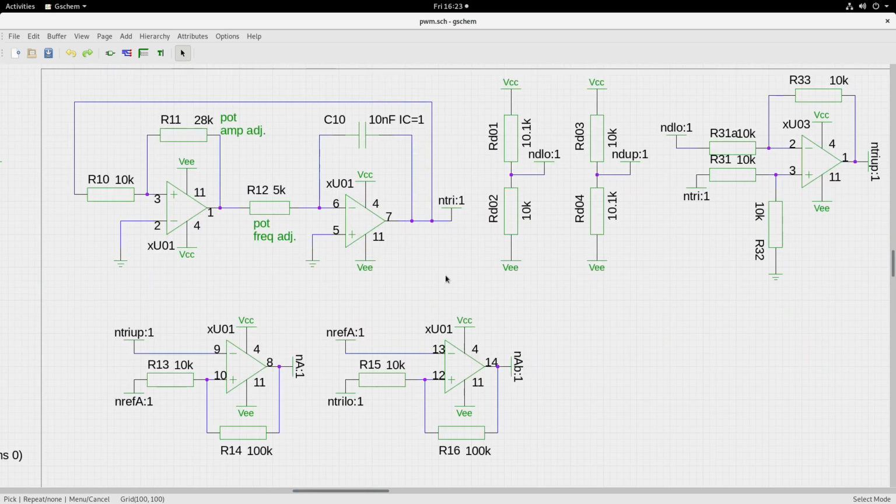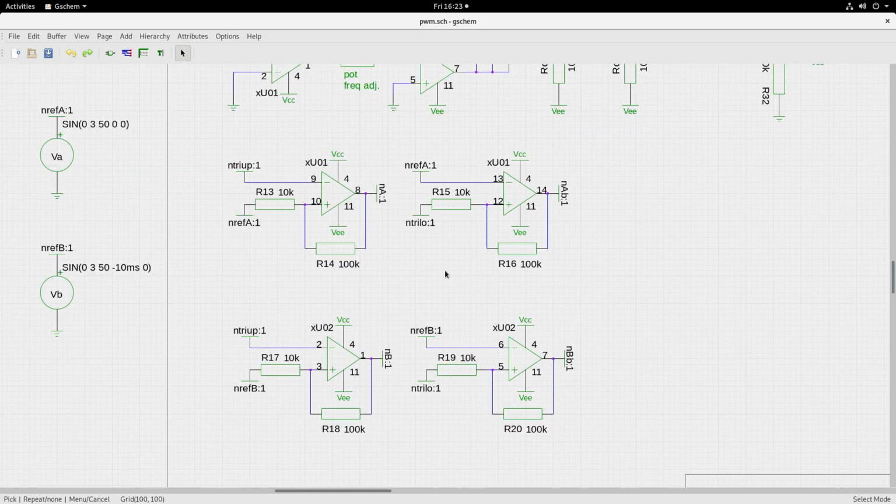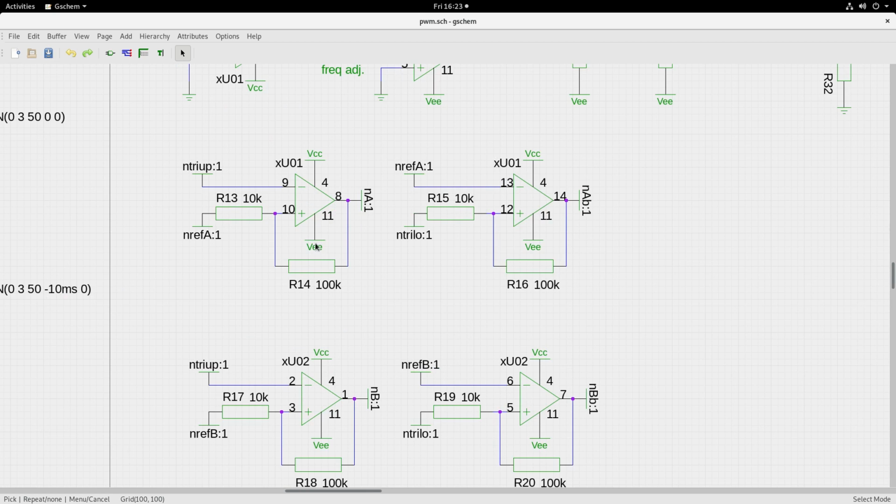Okay, so now if you go to this portion, the comparator section, you have the triangle upper connected to the minus, and to the plus you are having the sine reference. This is again a hysteresis comparator, and the output of that will be the PWM.